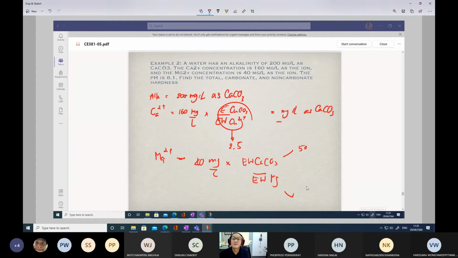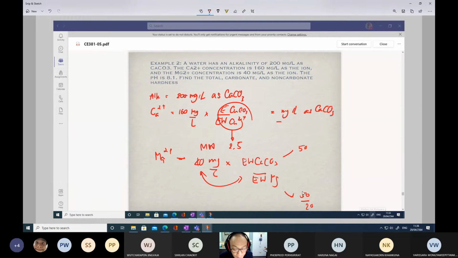And what about this one? This is 40, but there are two charges exchanged, so the equivalent weight of the magnesium is 50 divided by 20, because the equivalent weight of magnesium is 20, but the molecular weight is 40.